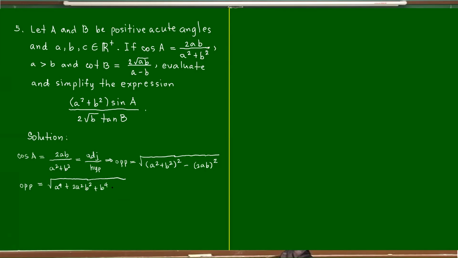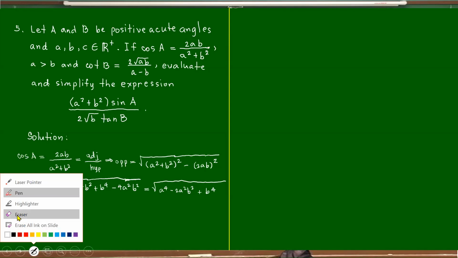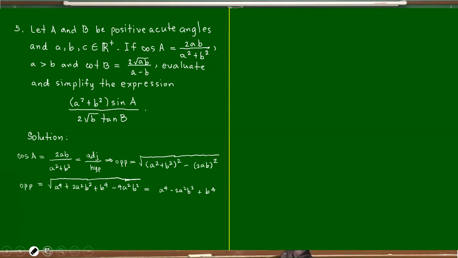And then minus 4A squared B squared. When simplified further, we can combine the second term and last term, no? So we have A to the fourth minus 2A squared B squared plus B to the fourth. And that happens to be what?